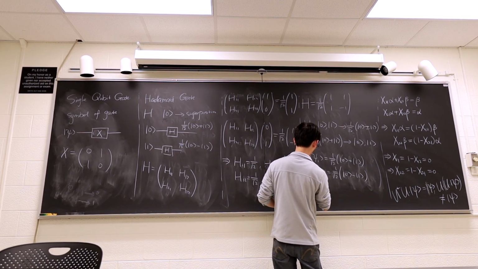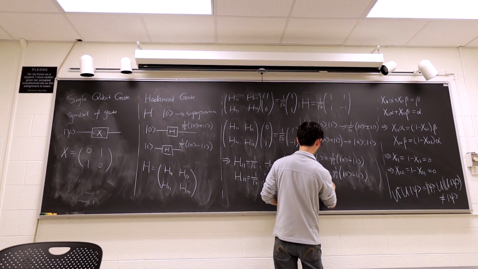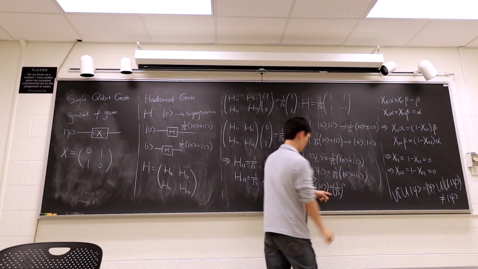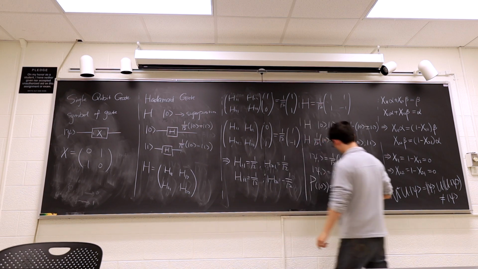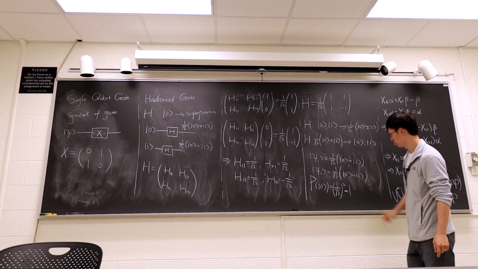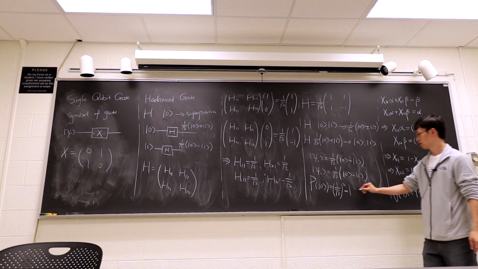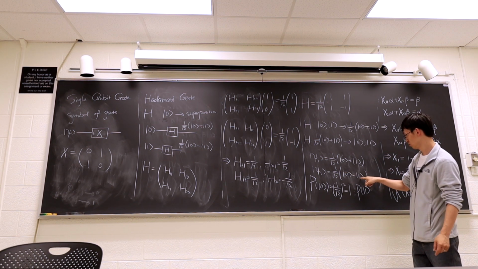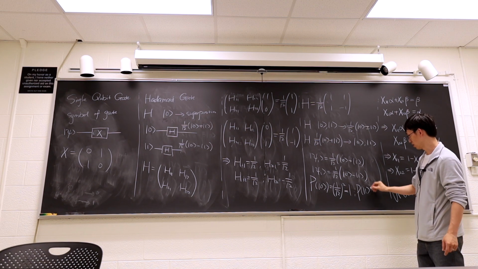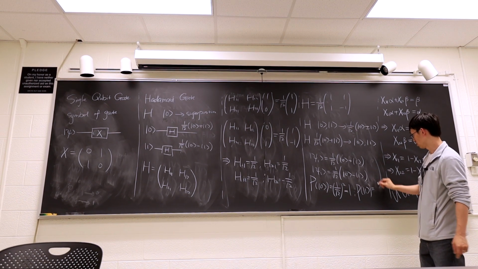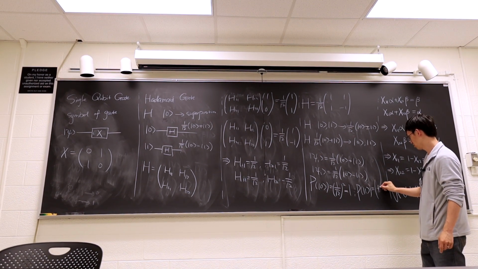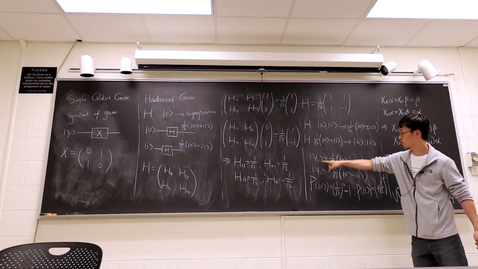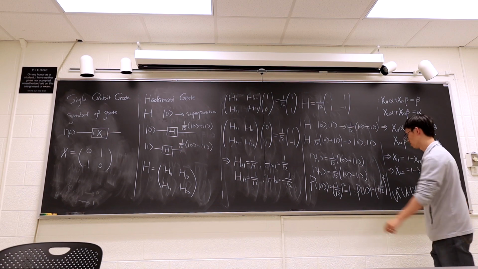The probability of being in state 1 is always the square of your amplitude, and your probability of measuring the eigenstate 1 is plus or minus, right? Plus for state 1, minus for state 2.